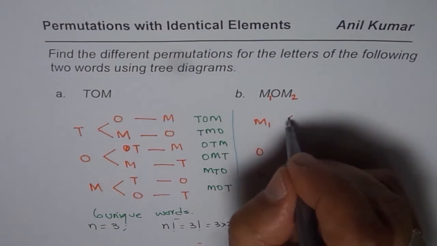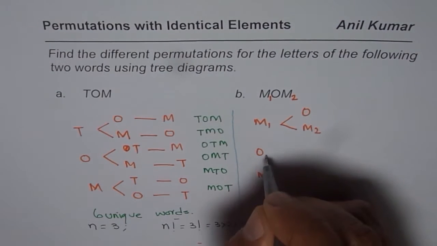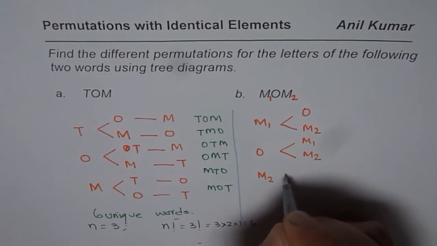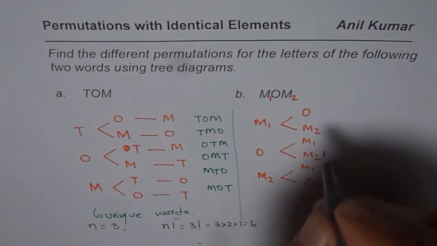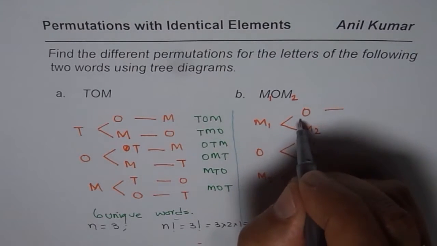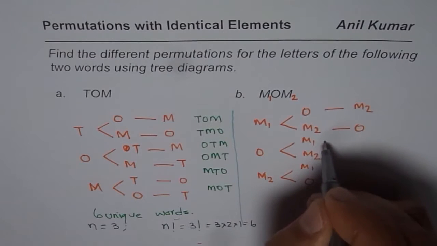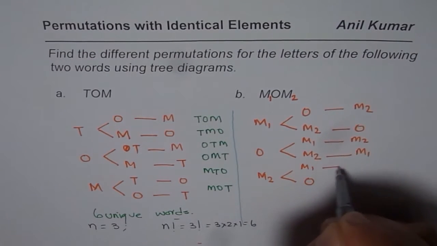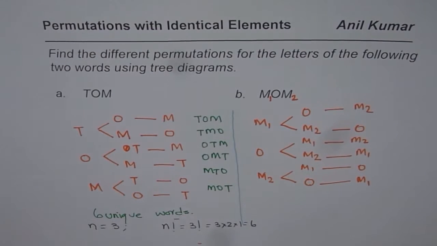If we select M1, we have the choice of choosing O or M2. If we take O, then it is M1 or M2. If we take M2, the choice is M1 or O. Now if we have already taken M1 and O, we are left with M2. In this case, we are left with O. In this case, we are left with M2. Here we are left with M1. In this case, we are left with O, and then we are left with M1.